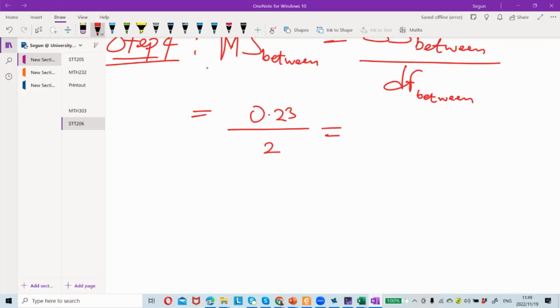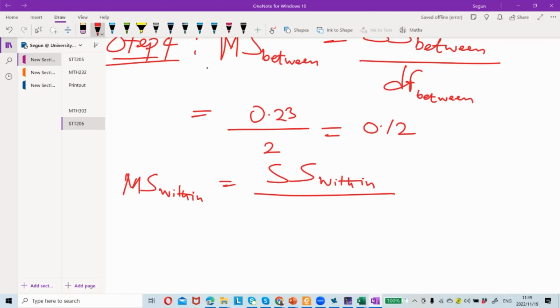So you have it to be 0.12. MS within will be SS within divided by degree of freedom within, which is same thing as 30.34 divided by 6. The final answer will be 2.22.